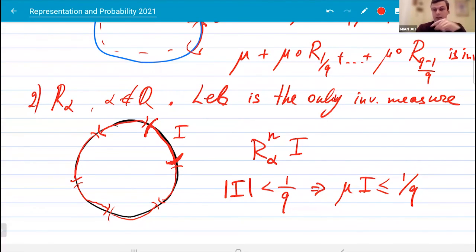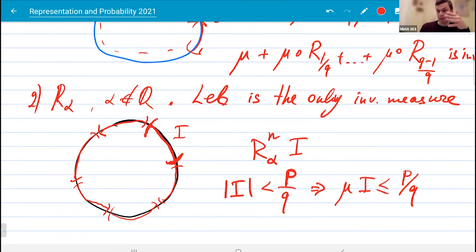I can generalize this and take not one covering, but say if I want to prove that the measure of I is less than P over Q, then exactly the same argument works, but I want to cover the circle not once, but P times. So I again do this, but I cover the circle such that every point is covered by no more than P of the copies.